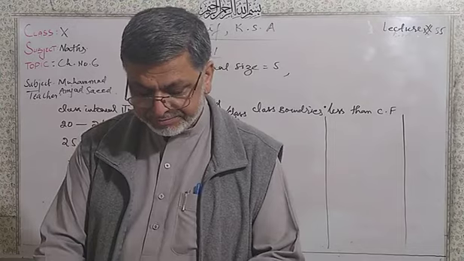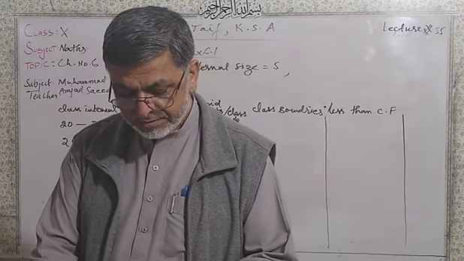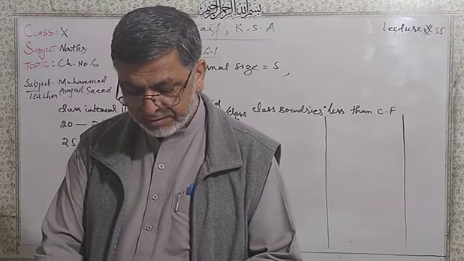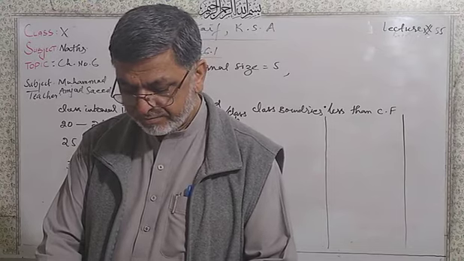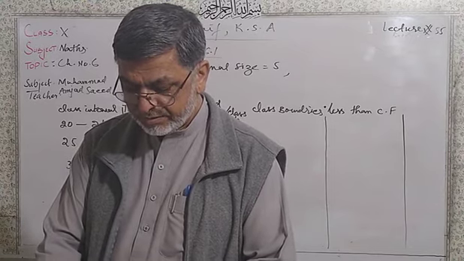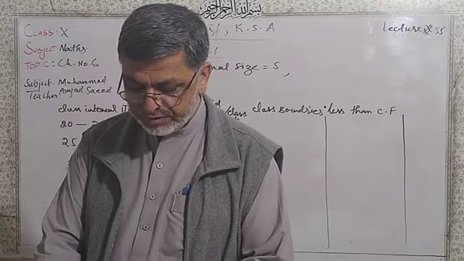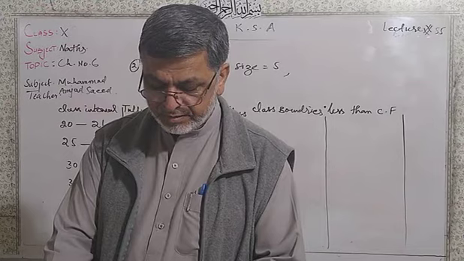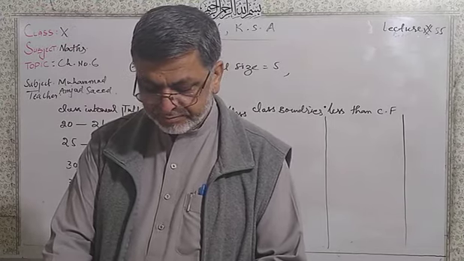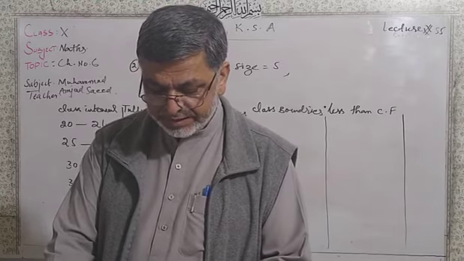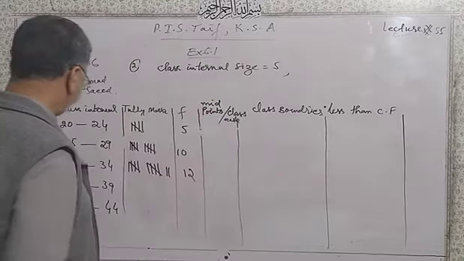35 to 39. 1, 2, 3, 4, 5, 6, 7, 8 and 9. There are 9 values in 35 to 39.